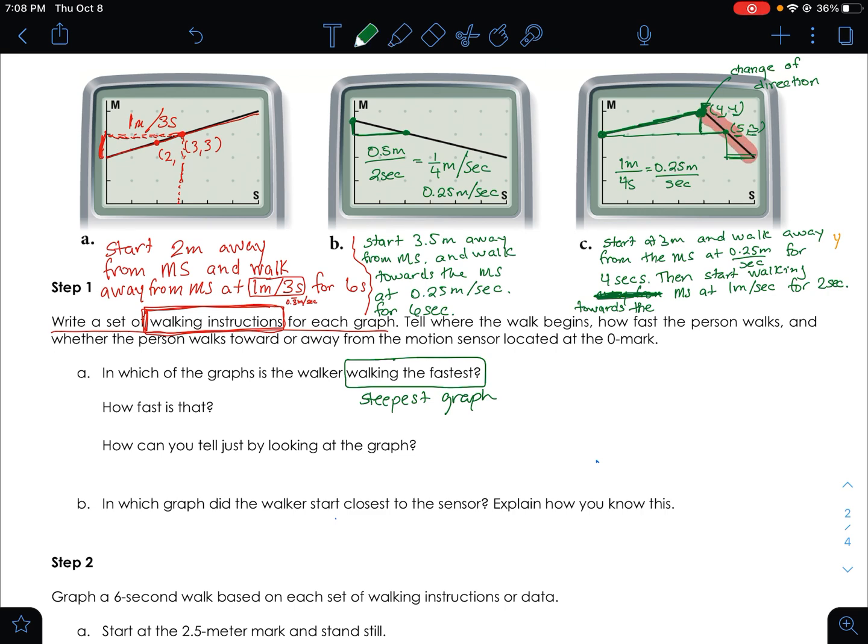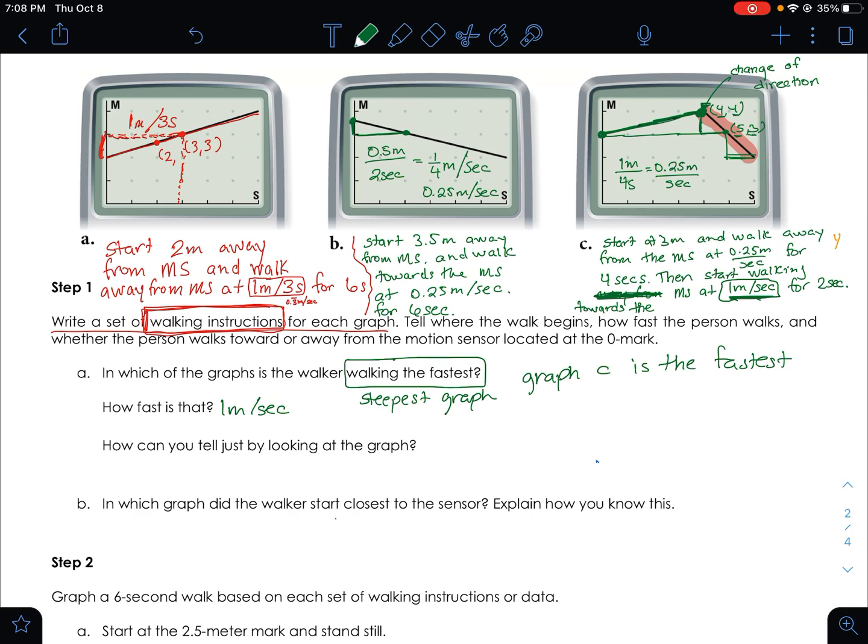So graph C is where the walker is walking the fastest, because that is the steepest section of a graph right there that I highlighted in red. How fast is that? Well, we said that it was 1 meter per second at that point. So that is the fastest that he is traveling.